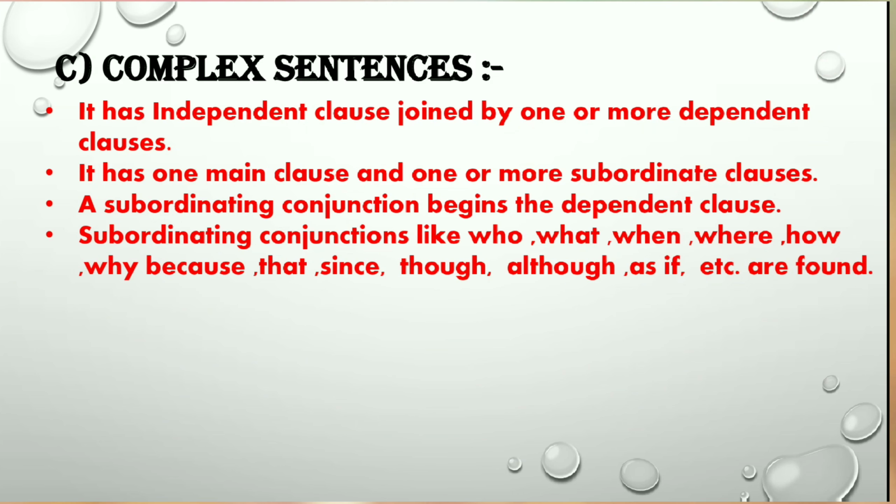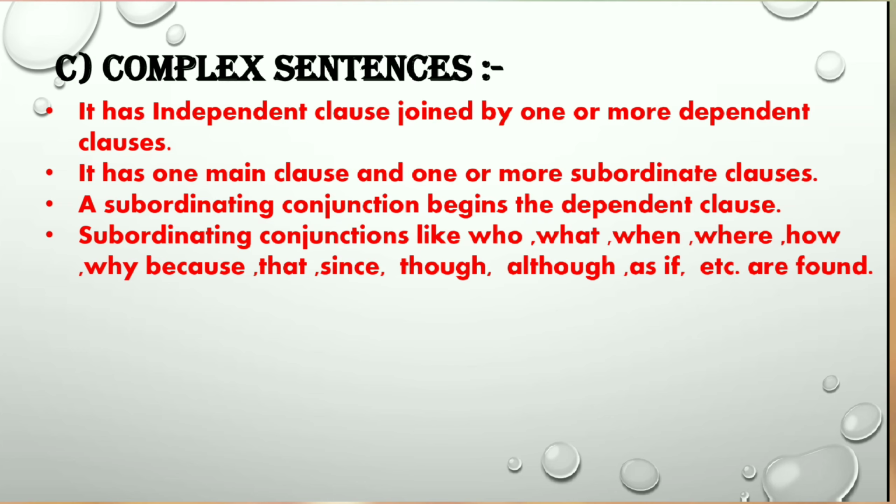It has an independent clause joined by one or more dependent clauses. It has one main clause and one or more subordinate clauses. A subordinating conjunction begins the dependent clause.